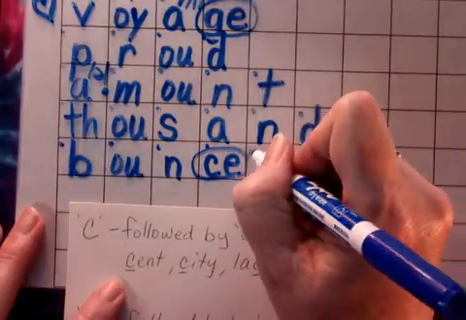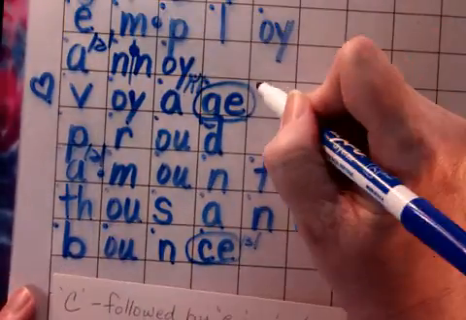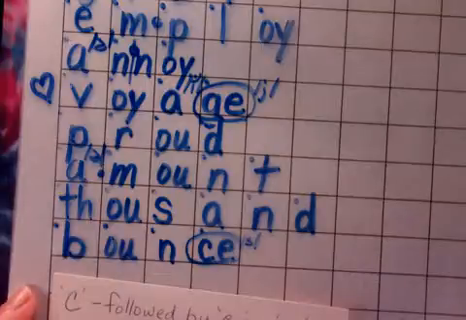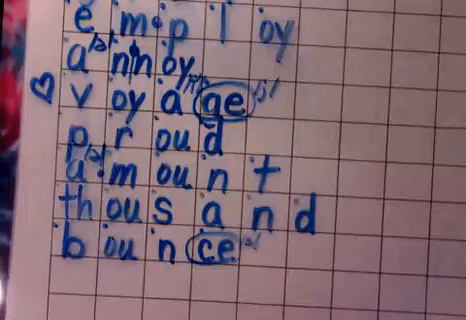If you want to, you can write the S up to the side. And actually, looking up here, we didn't put the J for the GE. So that's bounce.